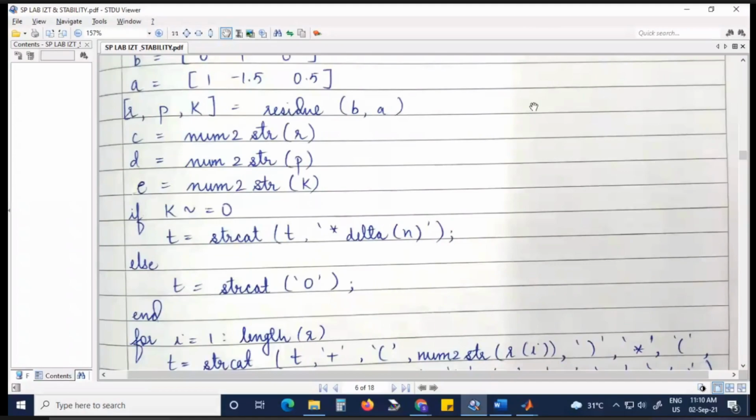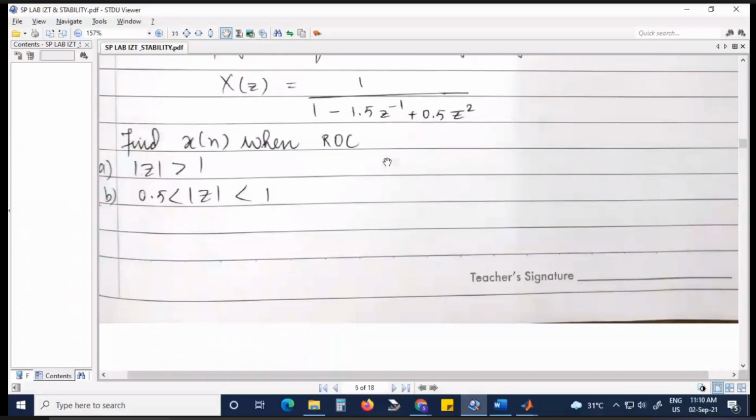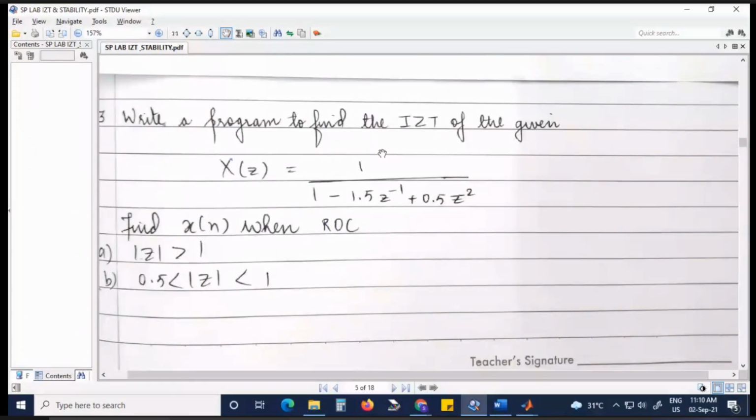What is residue? The whole ratio, the expression of xz, is divided into smaller partial fractions, and each fraction has coefficients: r1 divided by z minus p1 plus r2 divided by z minus p2. P means poles and r means the coefficients, which are constants.